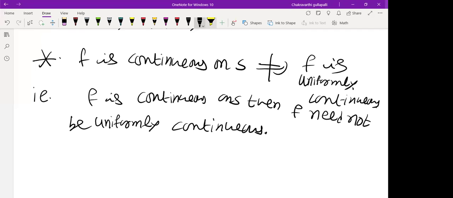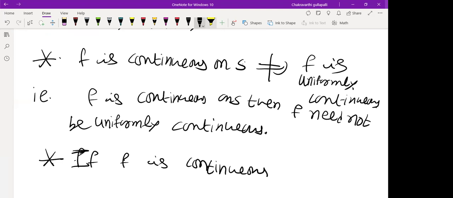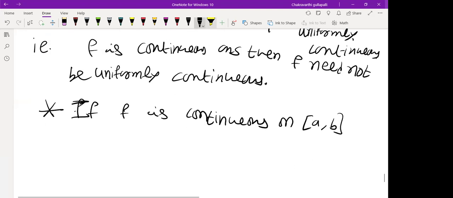But under what conditions will it be uniformly continuous? If f is continuous on a closed interval. If this S is a closed interval, then definitely it is uniformly continuous. If it is open, you cannot say; sometimes uniformly continuous, sometimes not. But if it is continuous on a closed interval, then definitely it is uniformly continuous.